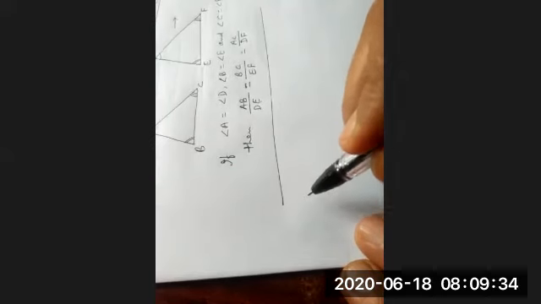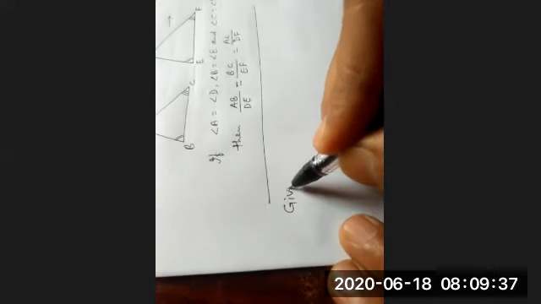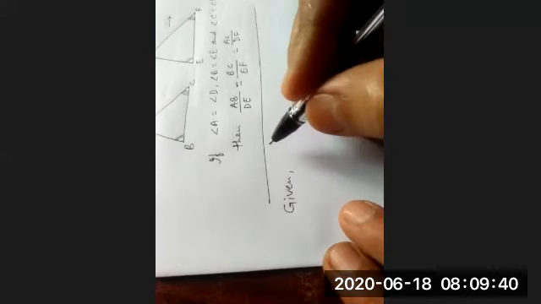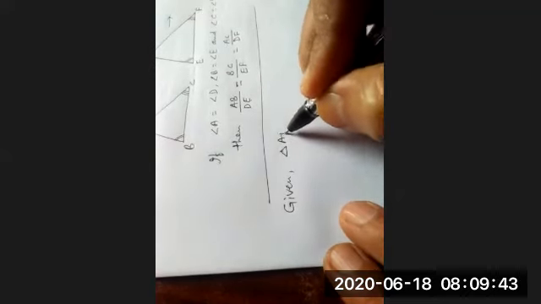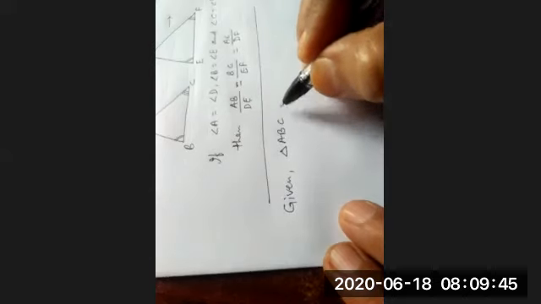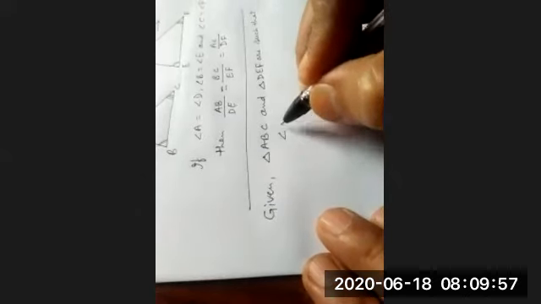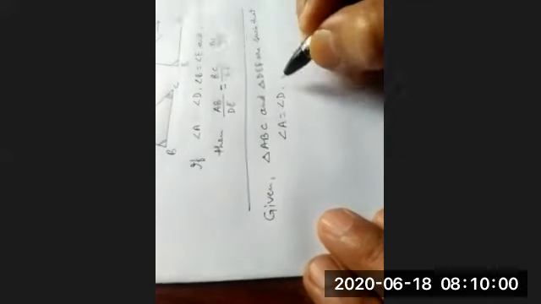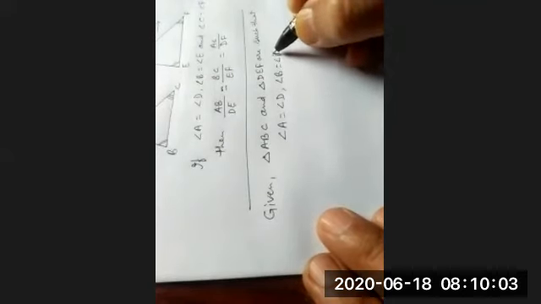See here. What is given? Here we have triangle ABC and triangle DEF such that angle A is equal to angle D, angle B is equal to angle E, and angle C is equal to angle F. This is the given fact. And what we have to prove?